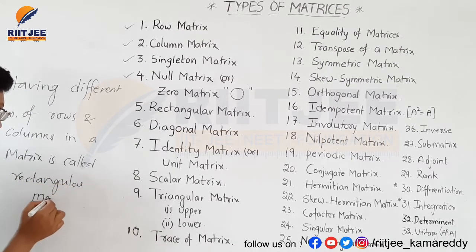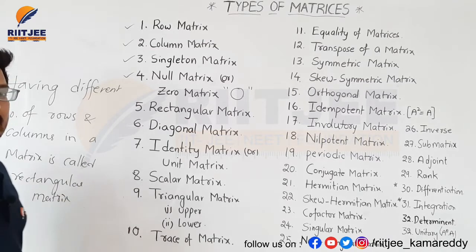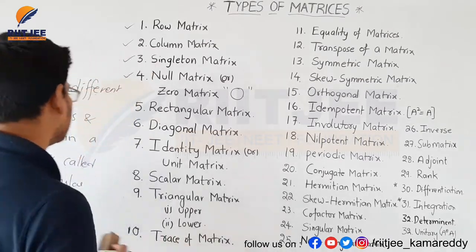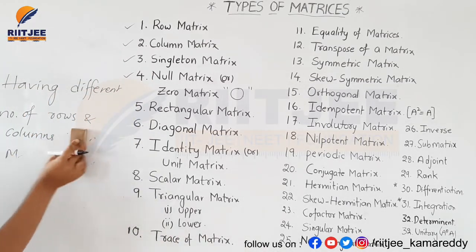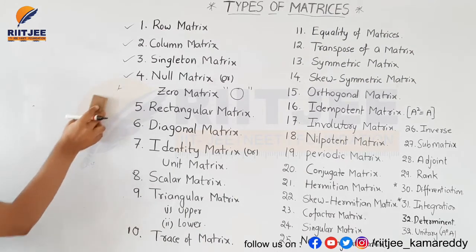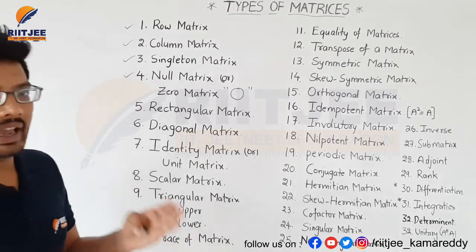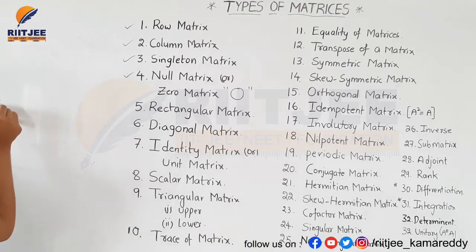Let us see an example of a rectangular matrix here. Having a different number of rows and different number of columns is called a rectangular matrix.